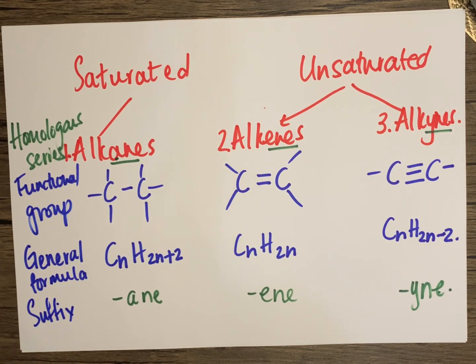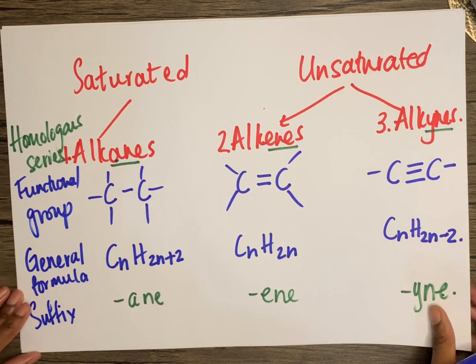If I was to name it, there is also a way in which we write down how many carbons. Remember we said organic molecules must have carbons. So there is a way in which we write down how many carbons are in the longest chain of that specific organic molecule, right?